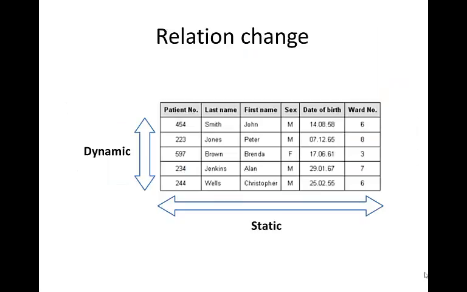Relations, and change in relations. In general, the column names and the structure of the table are pretty static. It's not totally static, but generally you build a database, you decide what fields go in which tables, and there's not a lot of change. There may be change as you upgrade from version 1 to version 2.